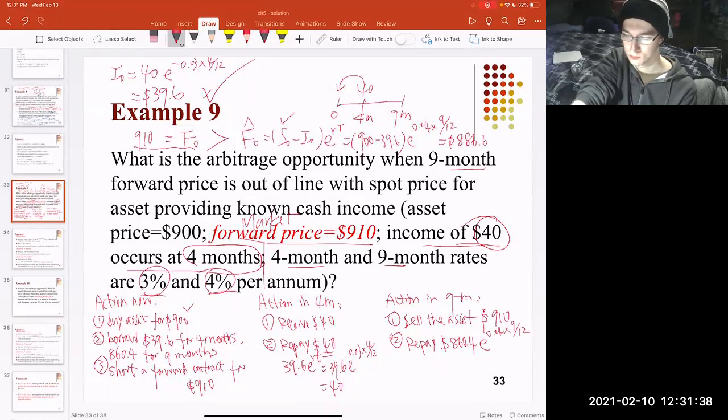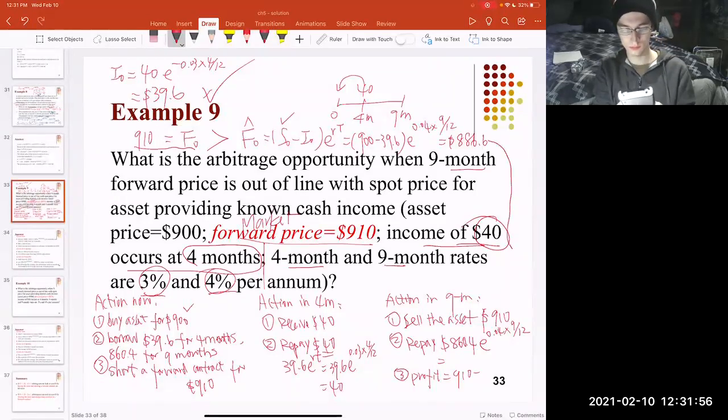Okay, so what is the amount you're going to repay? And the profit is the money you receive minus the money you pay. The money you receive is 910, and the money you pay is what? I think this is the amount you're going to repay for the long-term loan, right?